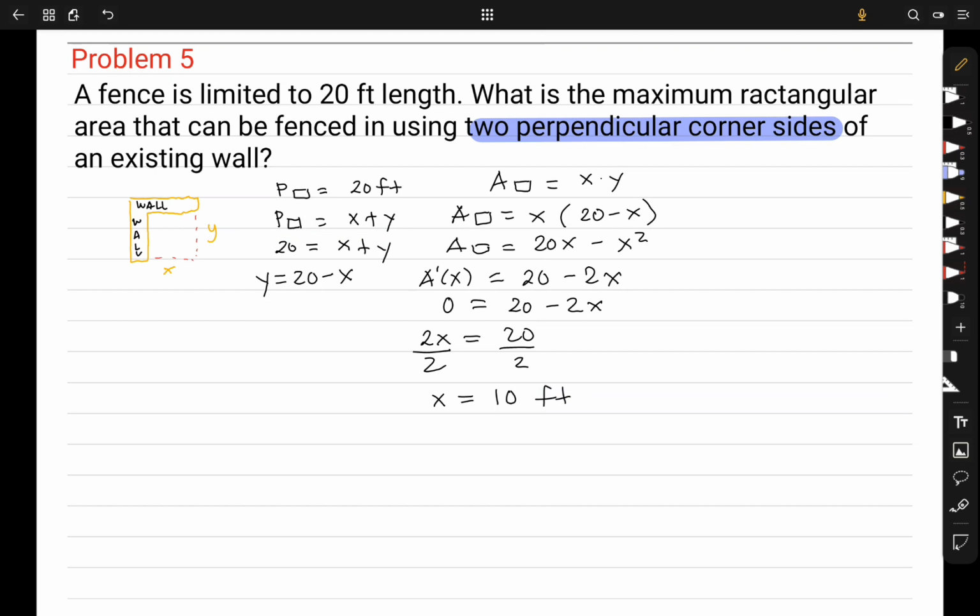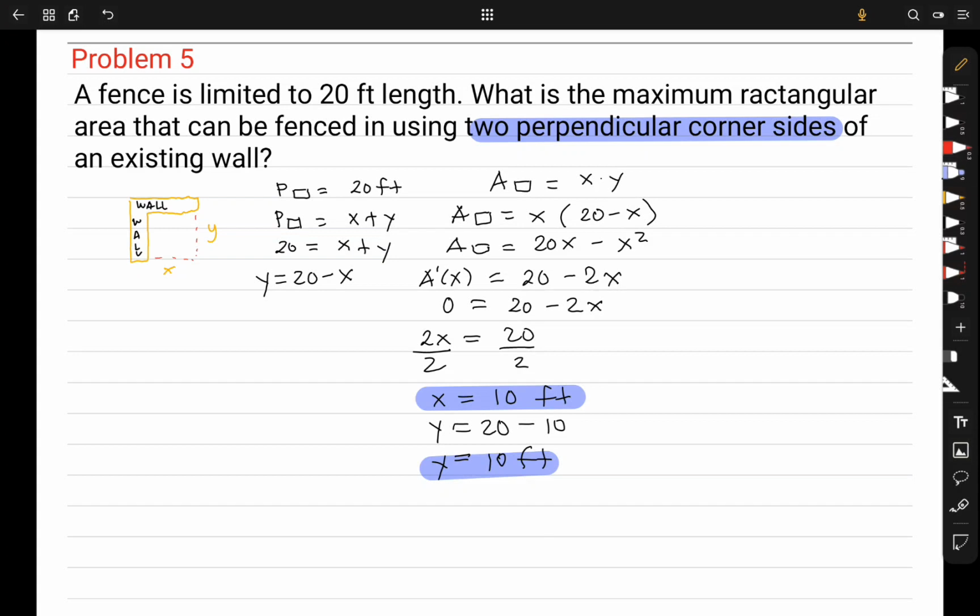And then, we can now find our y. So, our y is equal to 20 minus our x, which is 10. So, that is 10. Our y is equal to 10 feet also. So, these are the dimensions that we have. 10 feet and another 10 feet. And what is asked of us is the area.